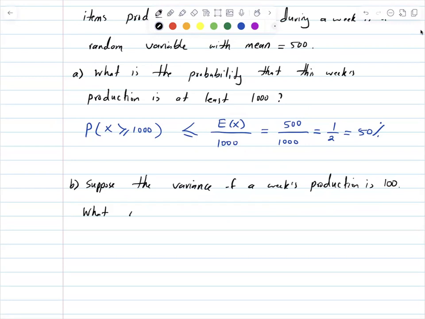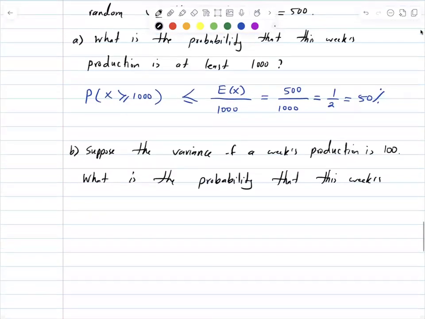What is the probability that this week's production is in between 400 and 600? So please note that since we have information about the variance, we want to apply Chebyshev's inequality.